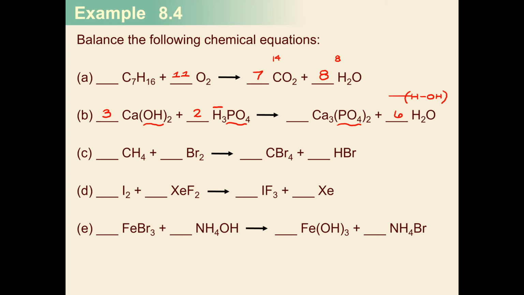So let's go down to part C now. You will notice that I have methane mixing with bromine gas, giving me CBr4, and finally HBr. So what can I do with this? Well, the first thing that we are going to want to do is look and see how many total bromines I am going to need. So as you can see here, I have 1 bromine here and 4 bromines there. So that means that's probably not the best species to start with.